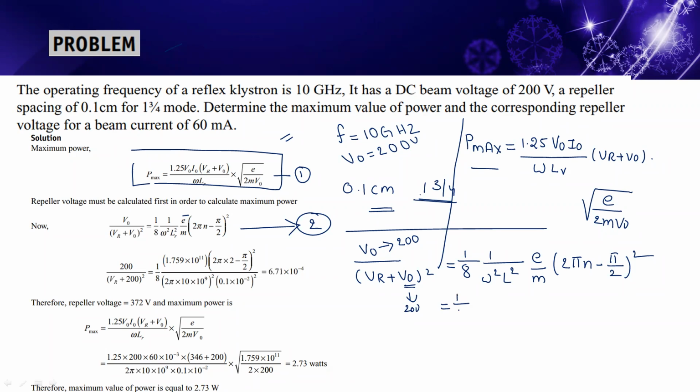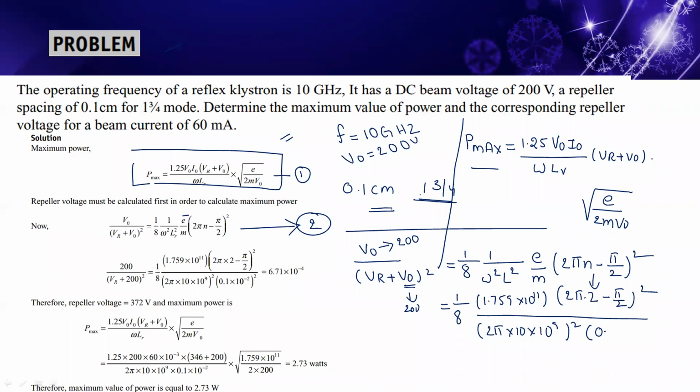What is here 1 by 8? e by m is 1.759 times 10 power 11. Clear? For the fundamental mode, n equals 2 pi by 2, whole square, divided by omega square L square, where omega is 2 pi f.